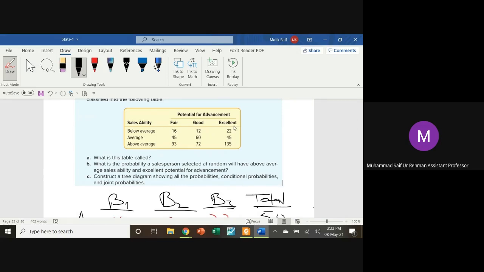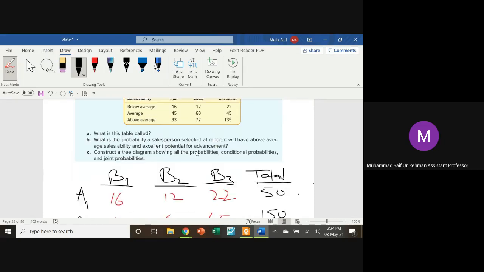As he is excellent, therefore he is above average. So dependency is there. Excellence is basically a characteristic that is the reason for his ability of above average. Understand? And let's say some person is fair. So as he is below good even, therefore he has sales ability below average. Or otherwise, if you move from this side, the reason for his being below average is that he has fair potential for advancement. So dependency is there.